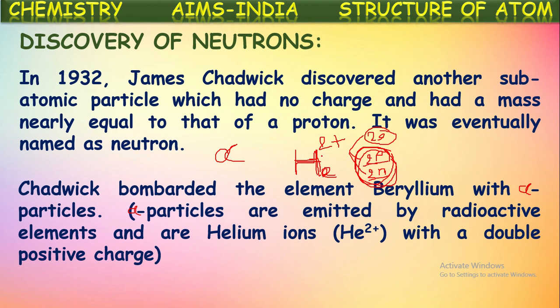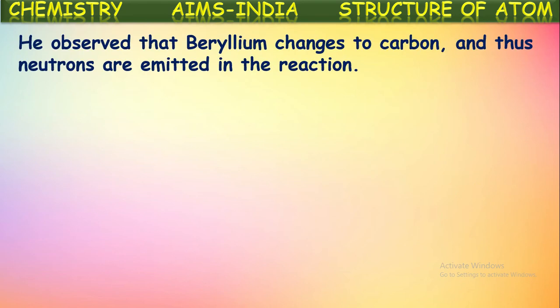Now, James Chadwick used these alpha particles emitted from radioactive elements. He made them fall on beryllium atoms, to hit the beryllium atoms. Then what happened? He observed that beryllium changes into carbon. The bunch of two protons and two neutrons, which we call an alpha particle, hit the beryllium atom, and that beryllium atom changes into carbon, and thus neutrons are emitted in the reaction.